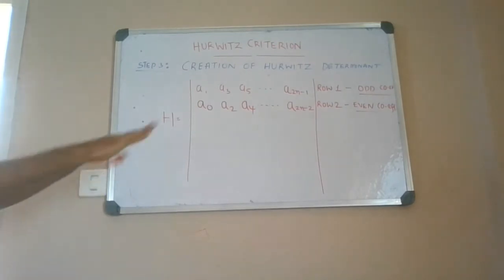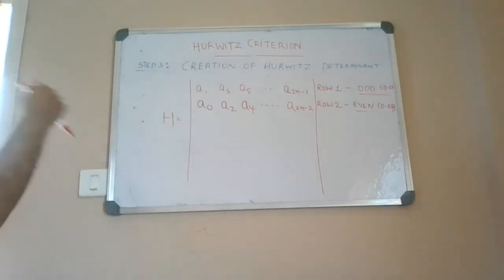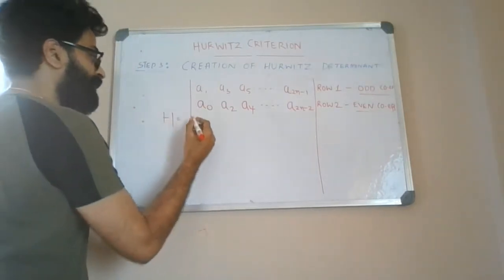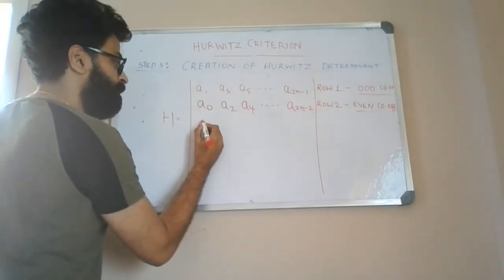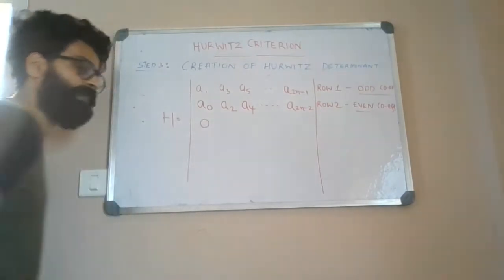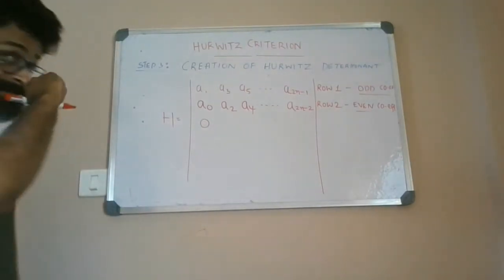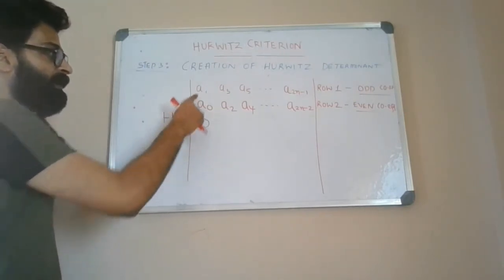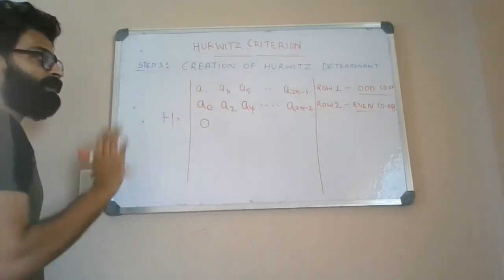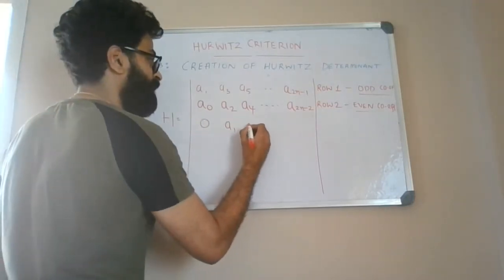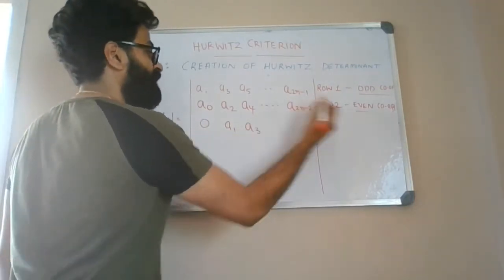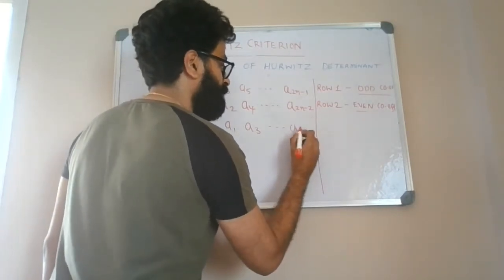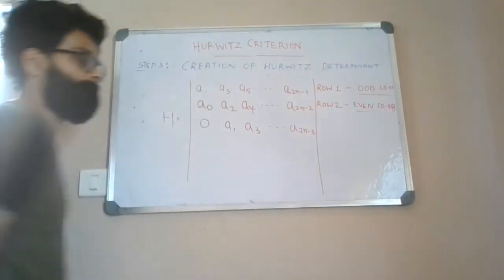Once you are done with the first two rows, the third row is constructed by putting the first element of row 3 as 0. So while constructing row 3, you put the first element as 0 and then repeat the row 1 coefficients, that is a1, a3, a5, and so forth. The last element of row 3 will be a2n minus 3.